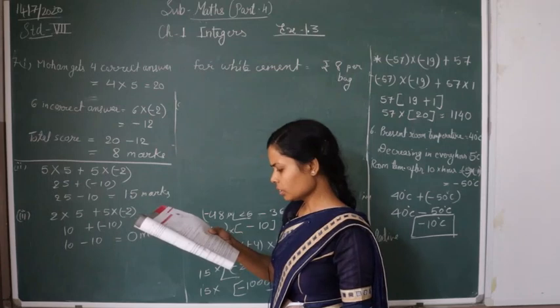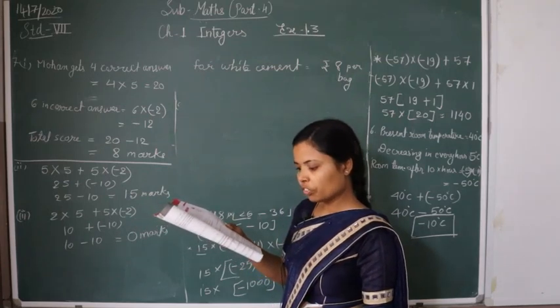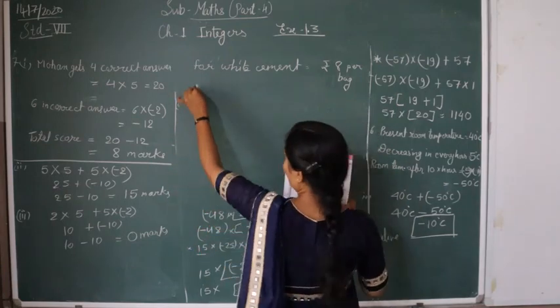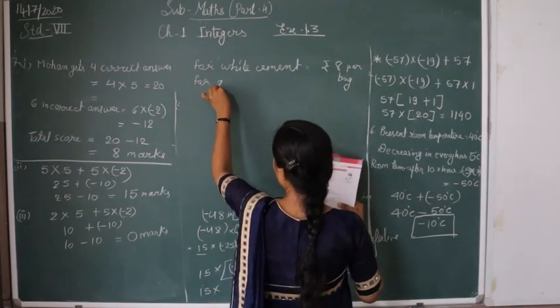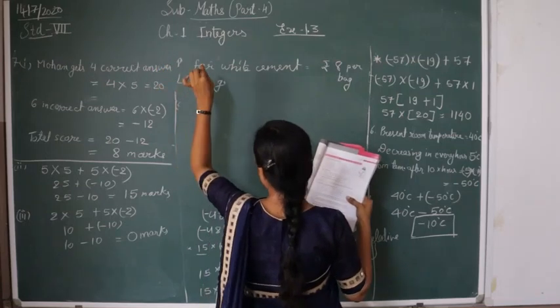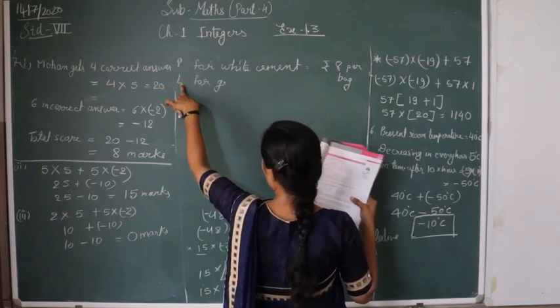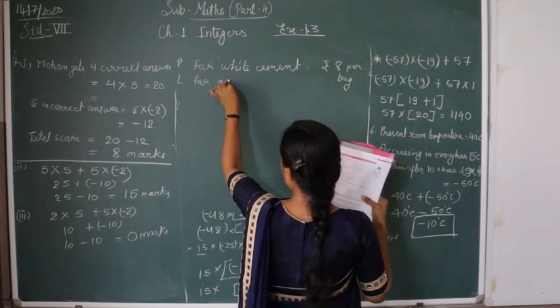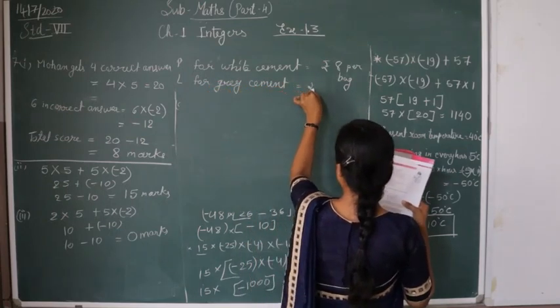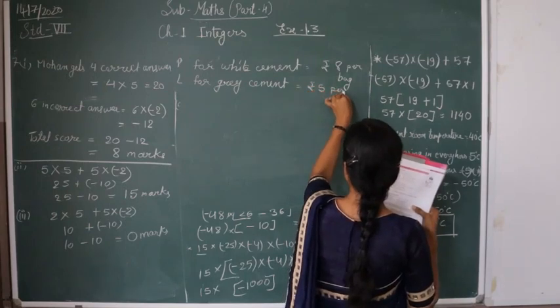And a loss of 5 per bag of grey cement. For grey cement, this is for P and this is for L. P means profit, L means loss. Grey cement, 5 rupees per bag.